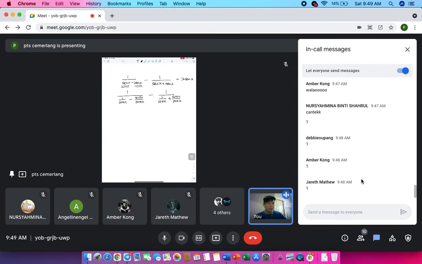So I think this one also can be done. Tak ada masalah. Nothing is wrong here. Okay? So next, what happened is that, bawah ni, you can samakan dia punya denominator. So it means that you have 1 minus sin x over cos x. Lepas tu plus minus. Minus 1 plus sin x over cos x.